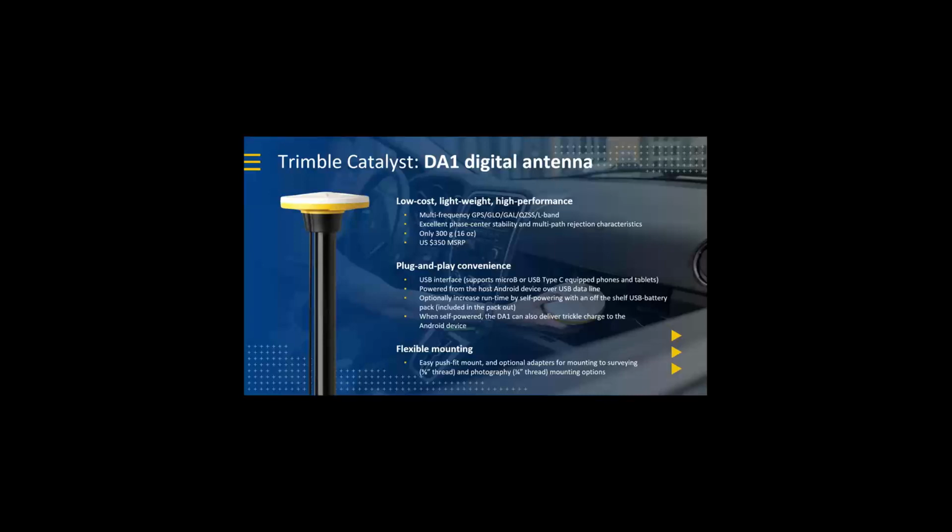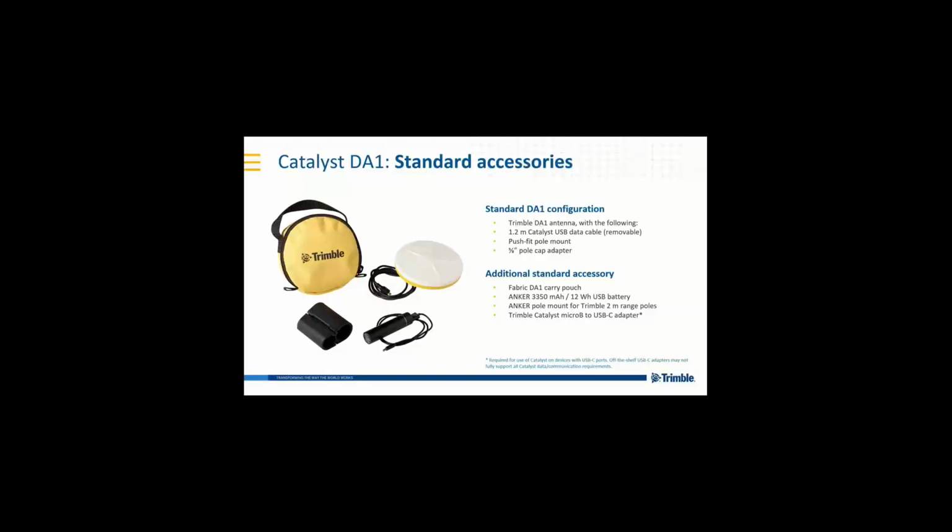However, there is the ability to hook up an external battery to the antenna itself. So here on the bottom, there's a cable connection, and this comes with the antenna itself. So they provide this anchor. It's a circular external battery power. Then it plugs into the bottom of the antenna itself.